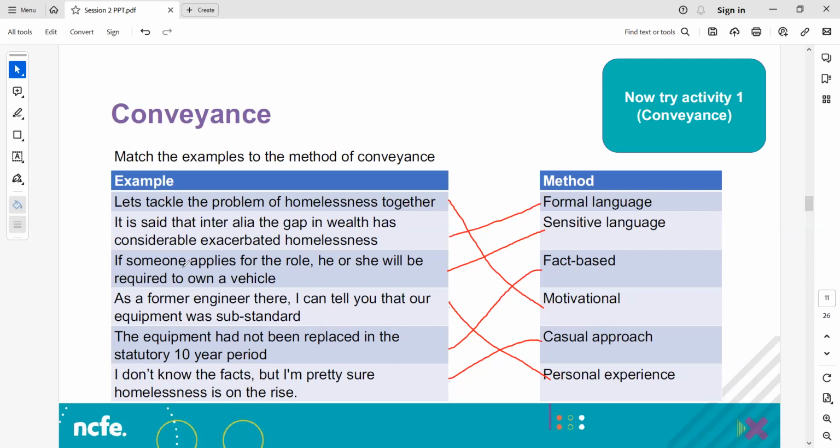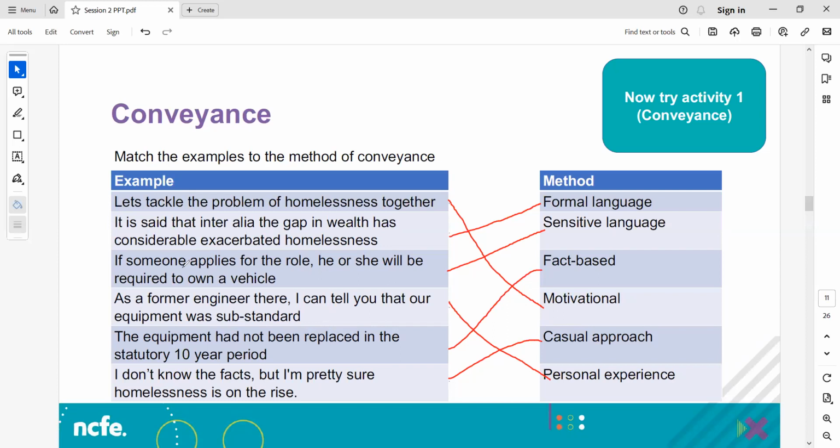Rather than saying, don't apply if you've not got a car, which is quite direct and could be seen as quite rude.